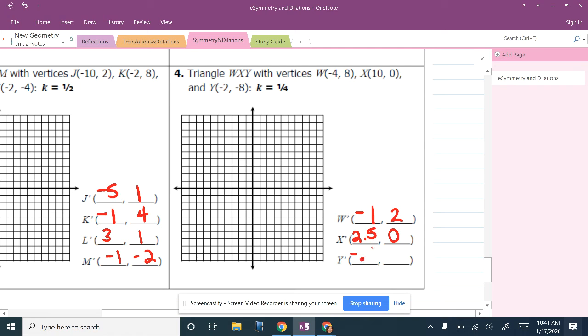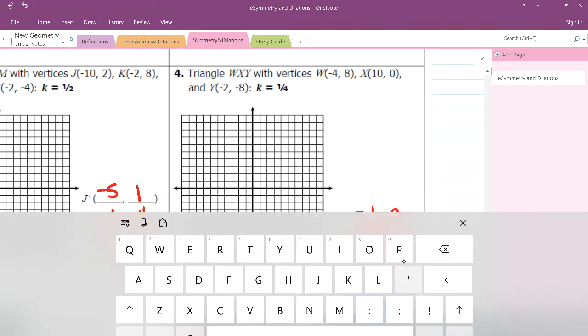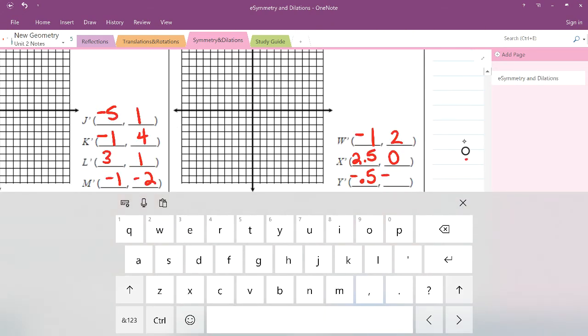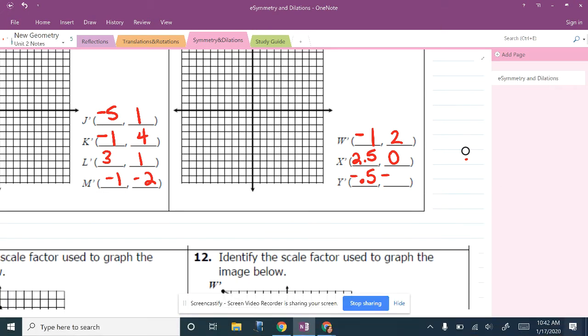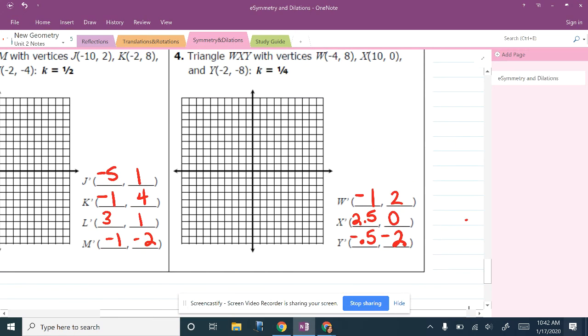And I don't care if you tell me decimals or fractions on these. And then what's -8 divided by 4? -2. Whoopsie. Go away, keyboard. I've got to get used to it. All right. So like I said, when you want to graph that 2.5, 0, you go over 2 and then over a half more. Does that make sense? All right.